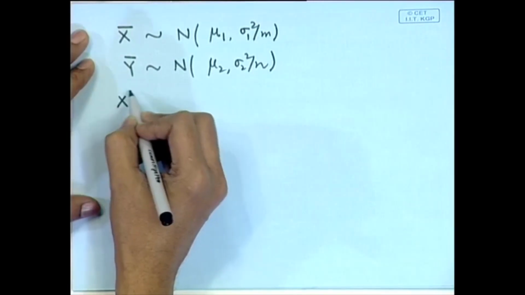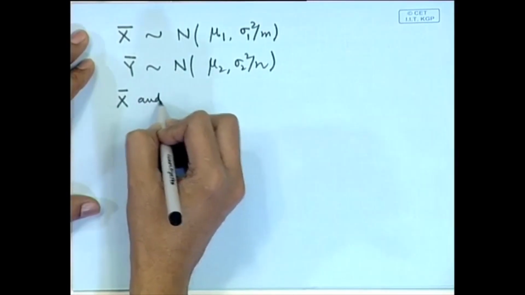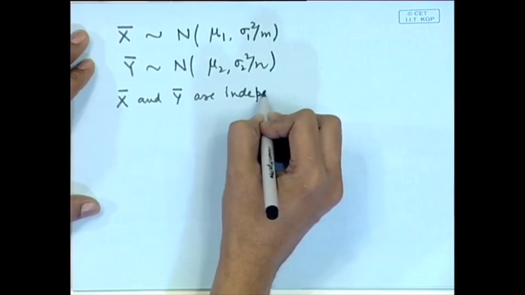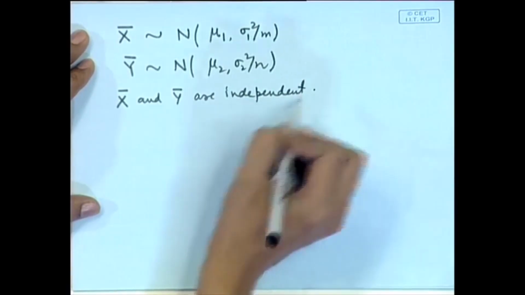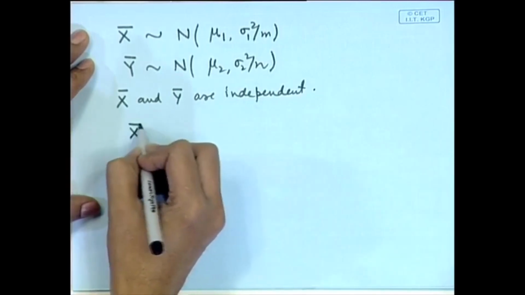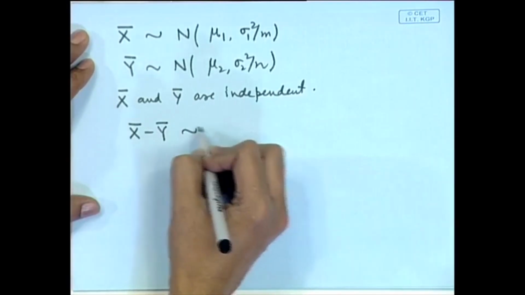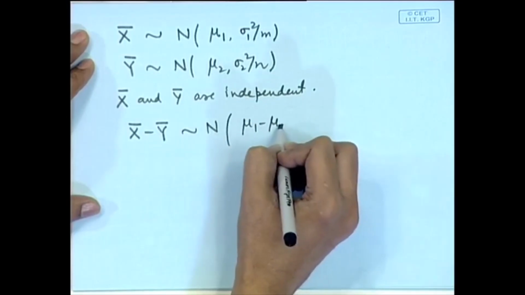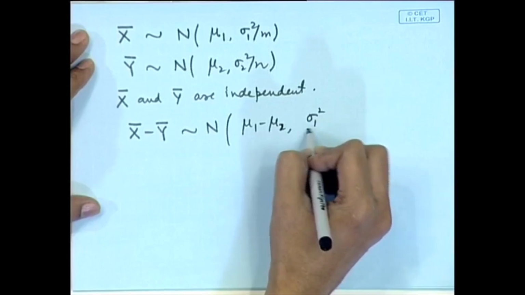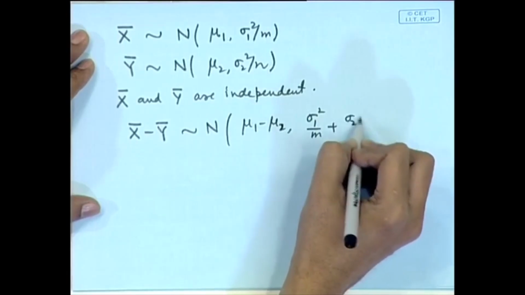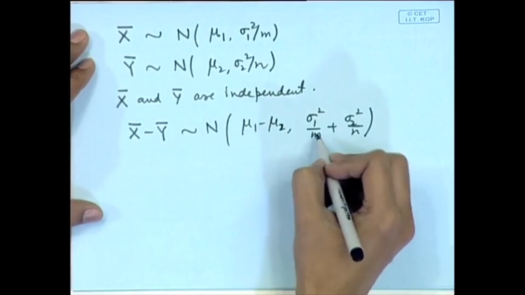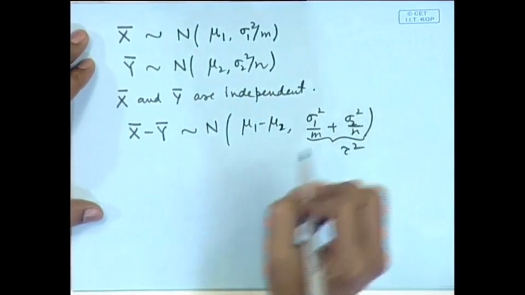Another thing is that since sampling is independent, x bar and y bar are independent. So, we can consider x bar minus y bar, that will have normal mu 1 minus mu 2, and the variance will be sigma 1 square by m plus sigma 2 square by n. Let us call this quantity say tau square.